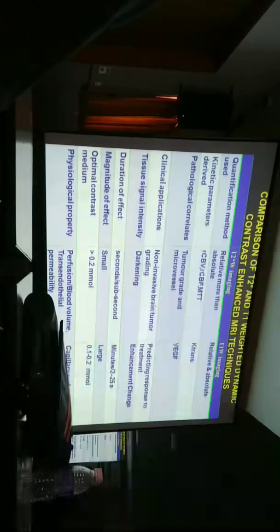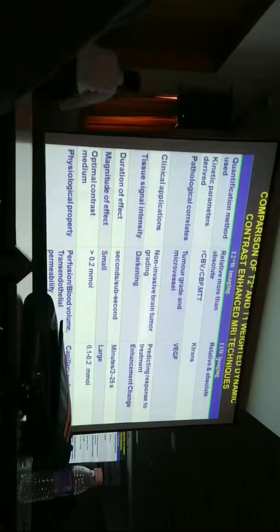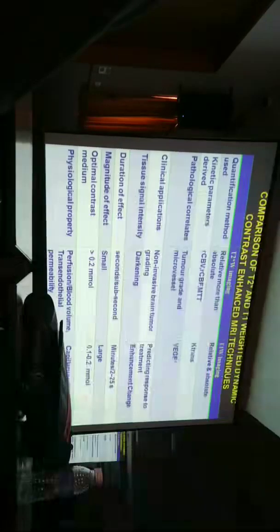In the T2 star weighted imaging, we measure regional relative cerebral blood flow, relative cerebral blood volume, and mean transit time, whereas we measure the K trans in case of T1 post contrast perfusion imaging. The tumor grade will be assessed in case of T2 star imaging. The vascular endothelial growth factor proliferation is better assessed with the T1 post contrast.